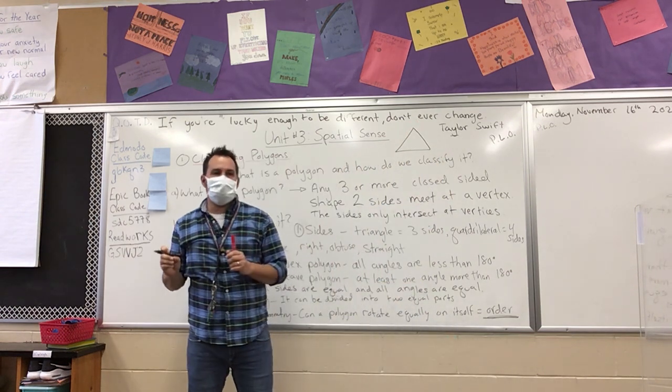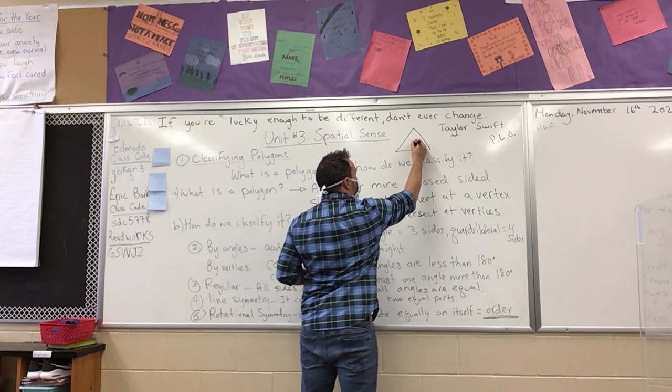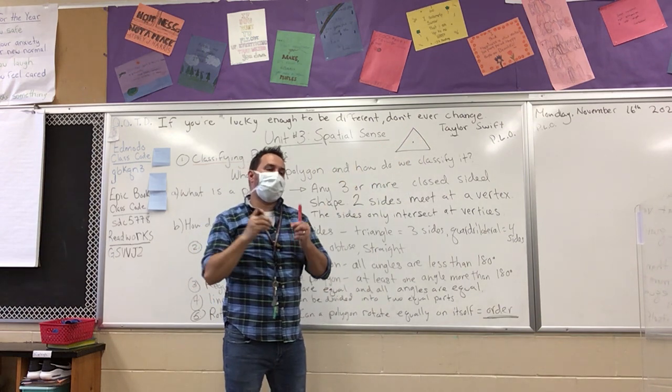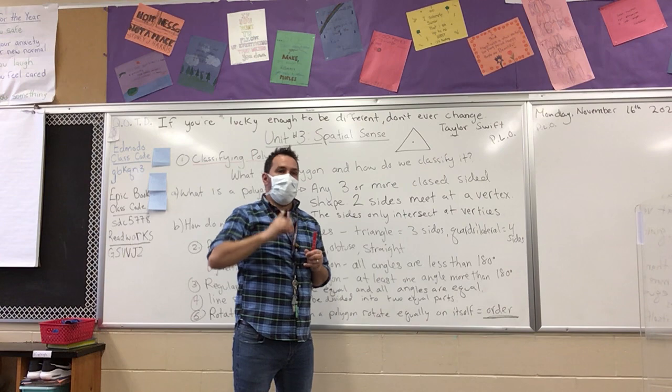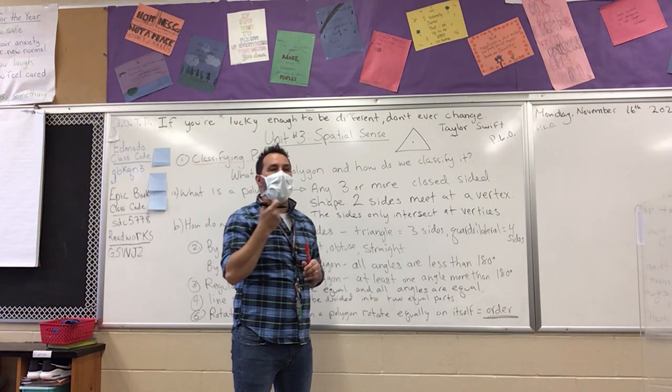So rotational symmetry says, could we, from the middle, rotate our polygon and the shape fit inside itself? And how many times could we rotate it to get it back on itself?